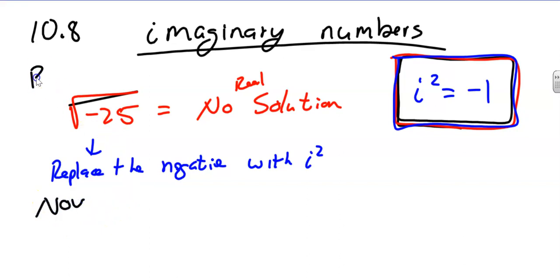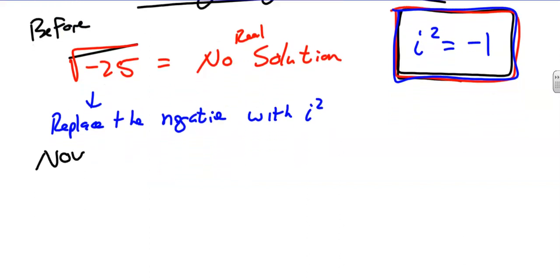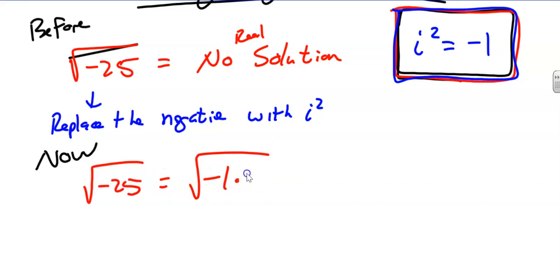So before, we had a problem like this: we took the square root of negative 25 as no solution. Now, if they give you the square root of negative 25, we're going to think about this as negative 1 times 25. And we're going to take out this negative 1 and replace it with i squared.